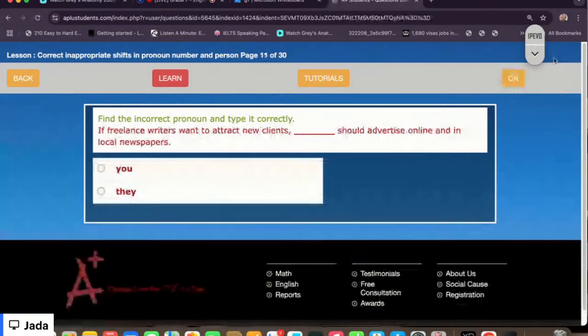If freelance writers want to attract new clients, dash should advertise online and in local newspapers. So you or they.